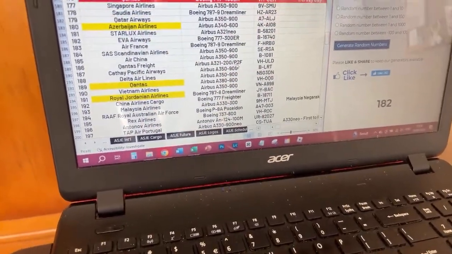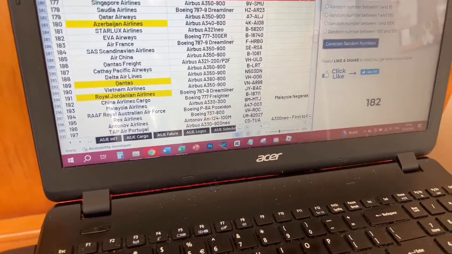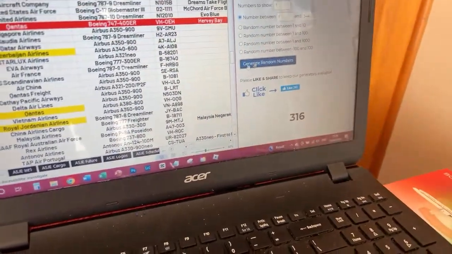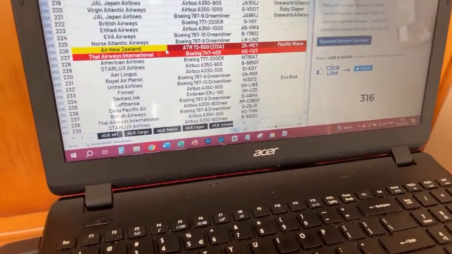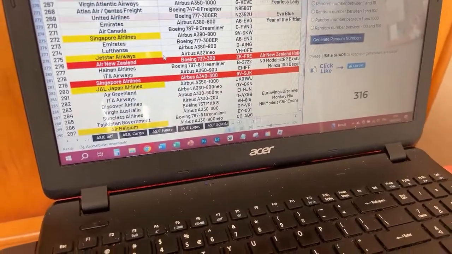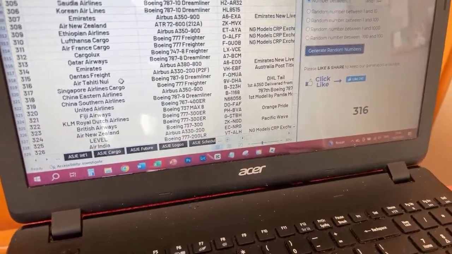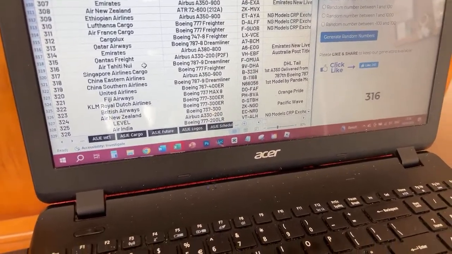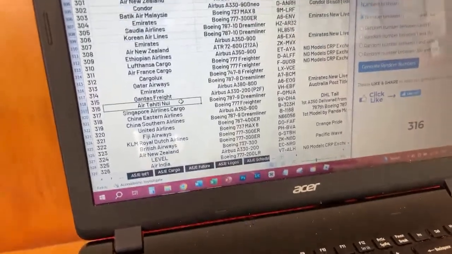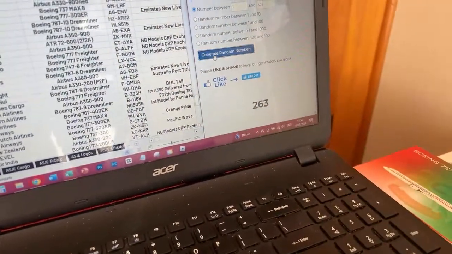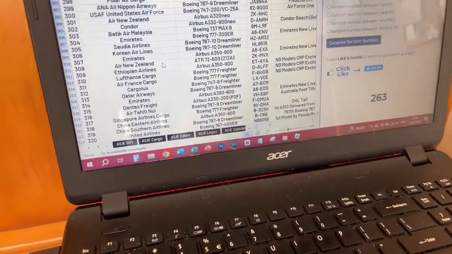I've gone past it, it's a 777. Next one, 316. It is a recent acquisition, but it's not a narrow body. Air Tahiti Nui 787-9. Unfortunately. 263.